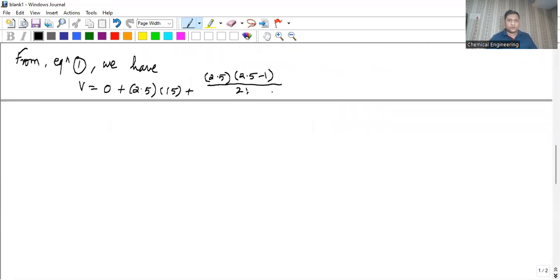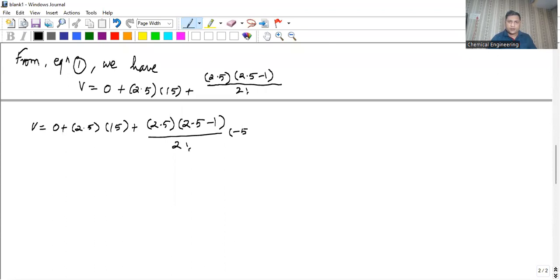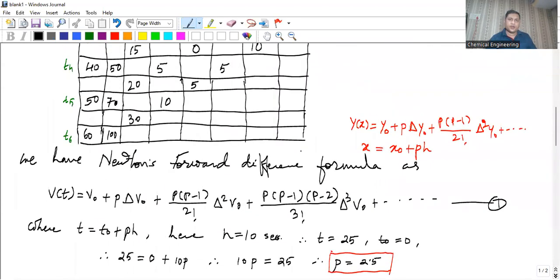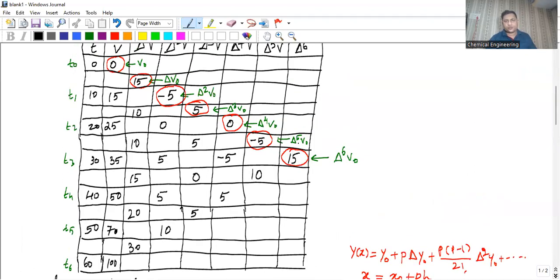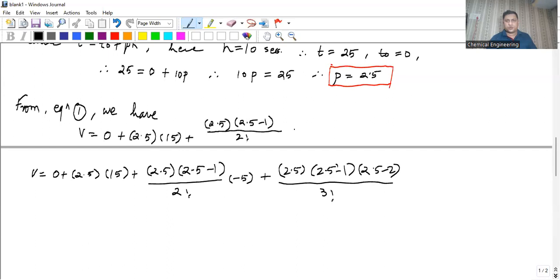So I'll write this step here: v is equal to 0 plus 2.5 times 15 plus 2.5 into 2.5 minus 1 by 2 factorial times minus 5, plus 2.5 into 2.5 minus 1 into 2.5 minus 2 by 3 factorial, and here we consider delta cube, which is 5.